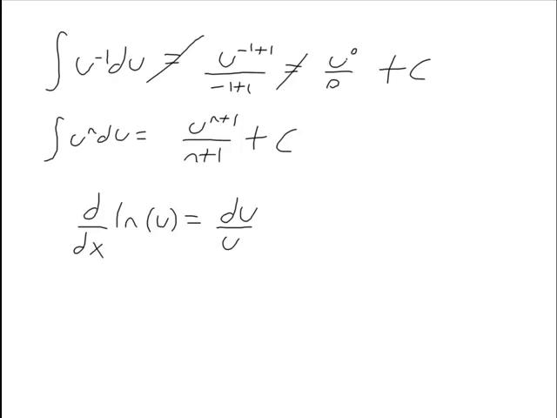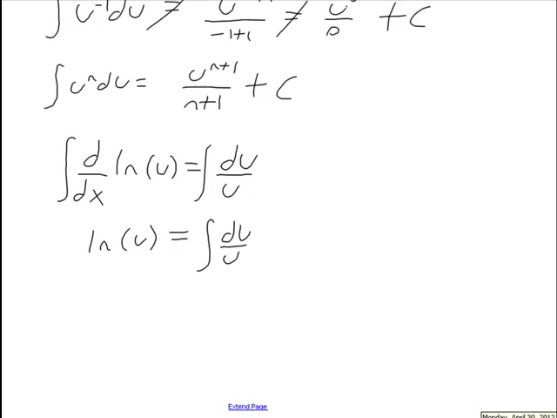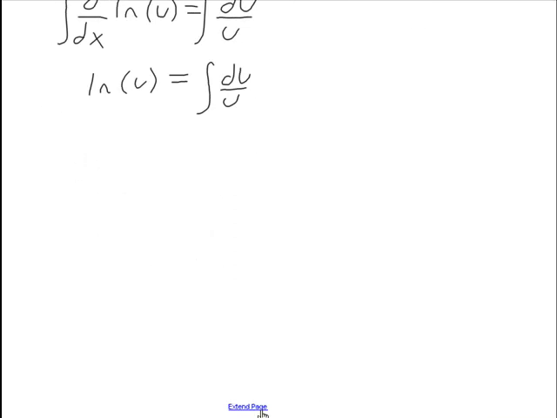Well, if we just integrate both sides of this equation, the integral and derivative cancel one another. We get the natural log of u is equal to the integral of du over u. And du over u is the same thing as u to the negative first du. So we find that in this one instance, when our power rule doesn't work, we can use natural logs.